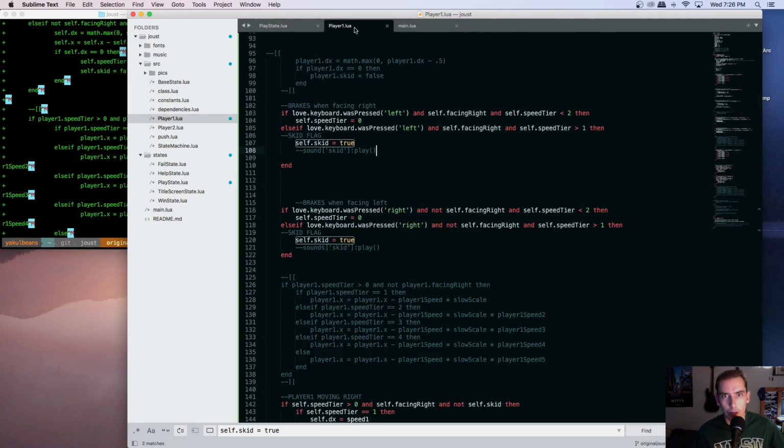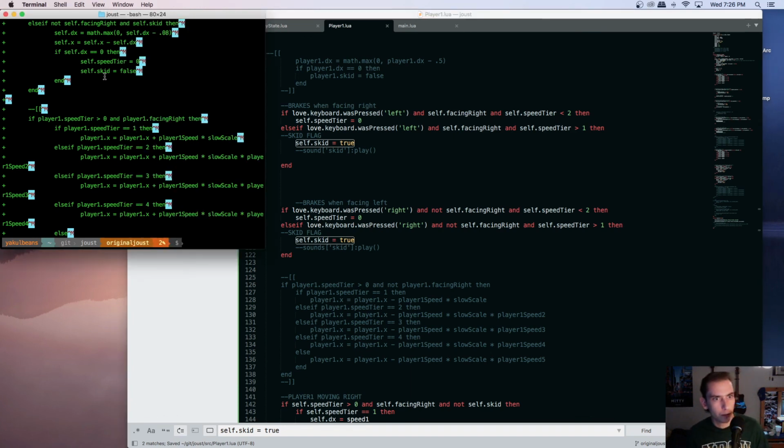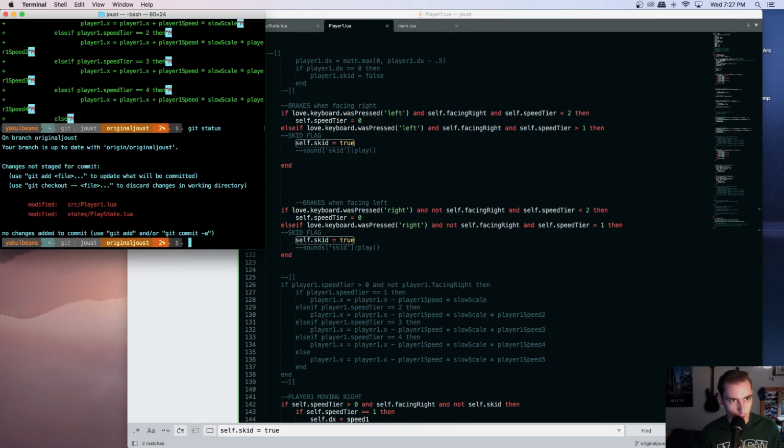So I'll call that a successful day of programming, and I'll git add. Well, let me see. git status shows me what's different, and it shows that I modified both the play state and the player one, which is right.